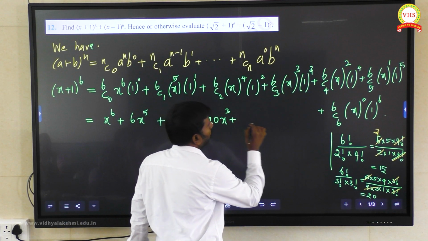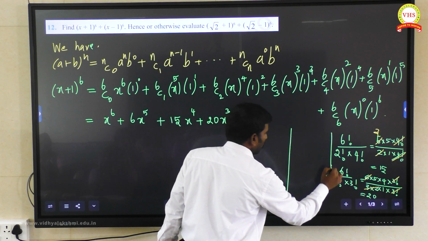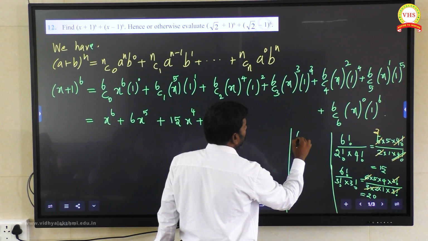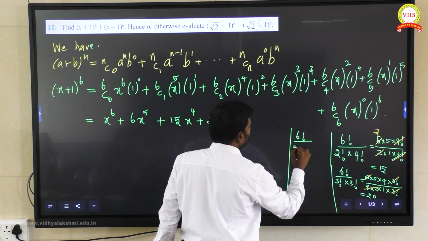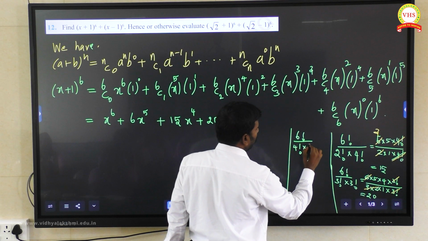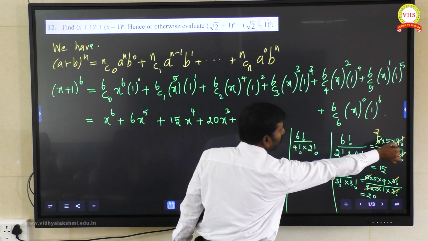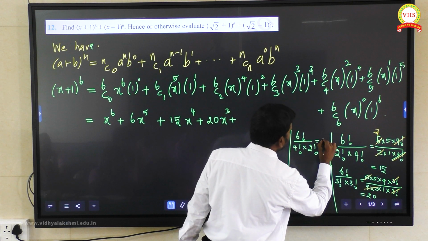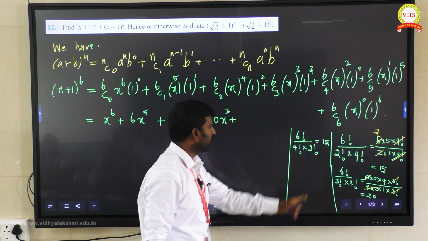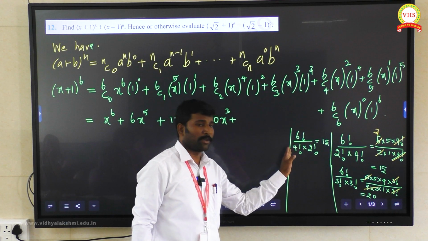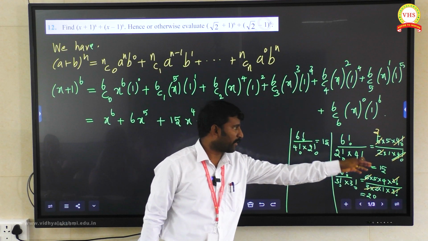And one more, what I have? 6C4. So 6 factorial divided by 4 factorial multiplied by 6 minus 4, 2 factorial. This I already solved here. What I got as the answer? 15. The same answer we have here, 15.